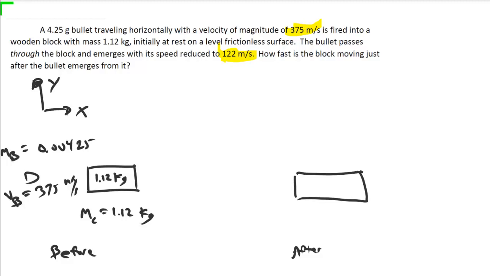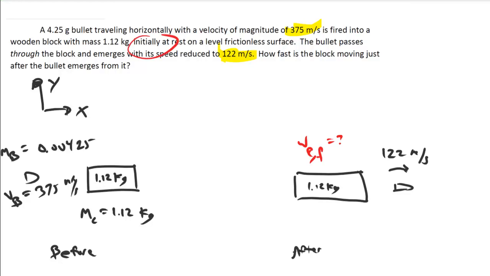So we still have a 1.12 kilogram crate, and the bullet is out here with the same mass, now traveling at 122 meters per second. The question is, how fast is this crate moving after? What is the final velocity of the crate?